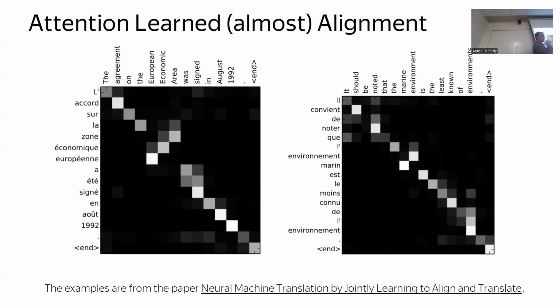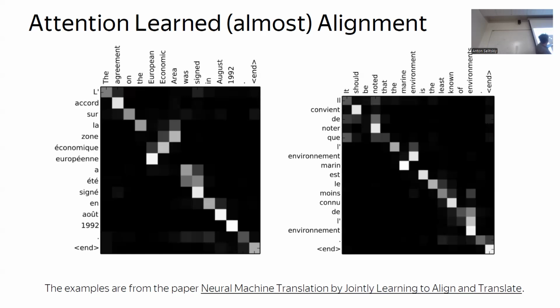So the different order of the words, and here you can see the probabilities. You remember when we calculate attention, first we calculate the probabilities of tokens. So you can visualize these probabilities, and they will show which token from the encoder was taken with the highest weight.